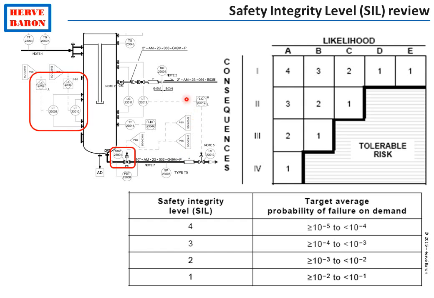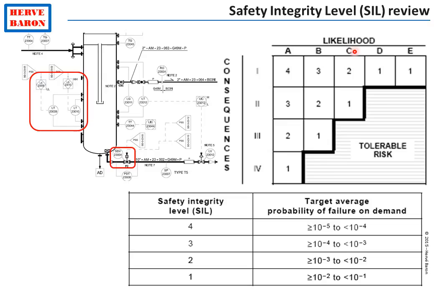So the risk linked to the malfunction of this level control valve is assessed by identifying, first of all, its likelihood, and then the severity of the consequences. The product of the two is the risk level.